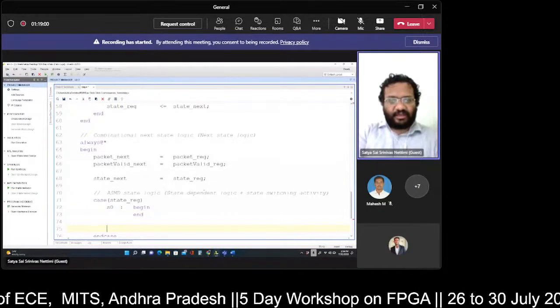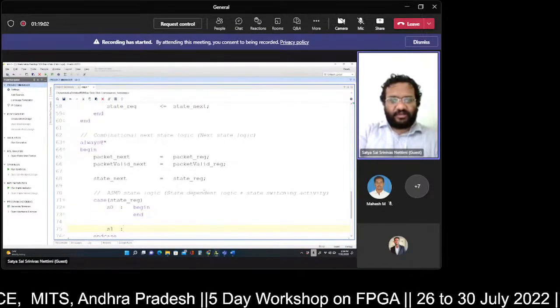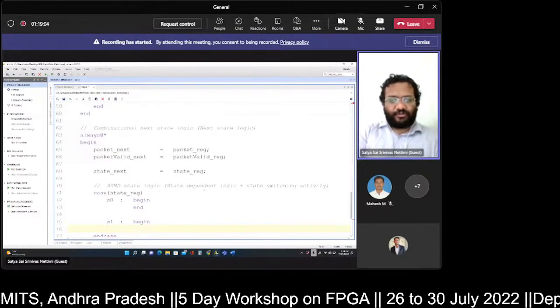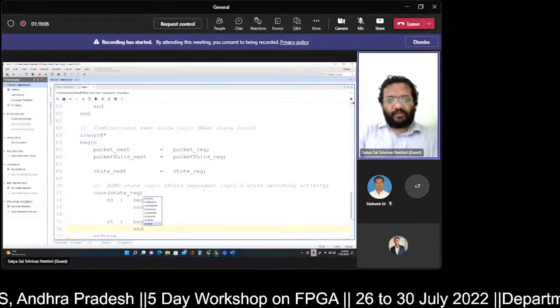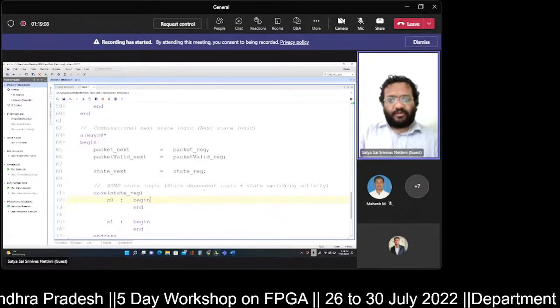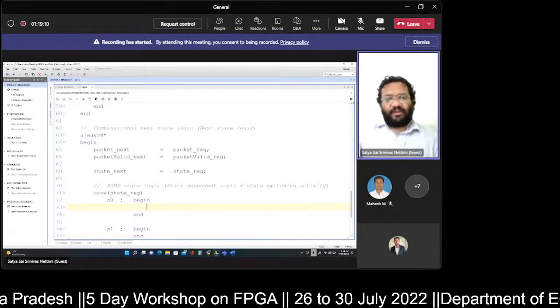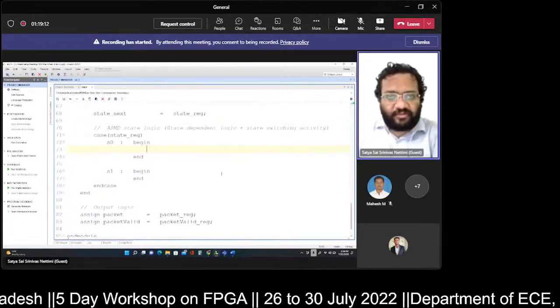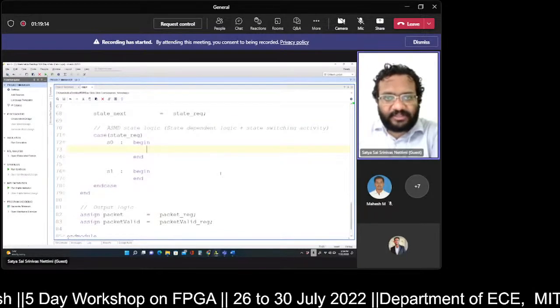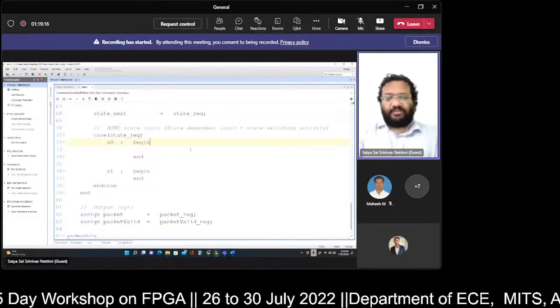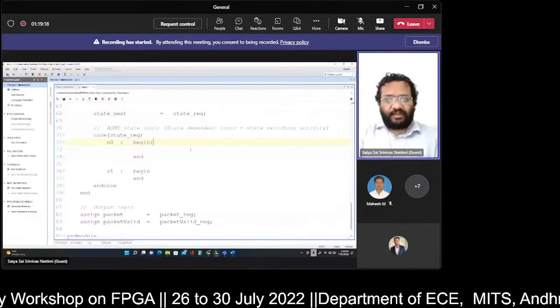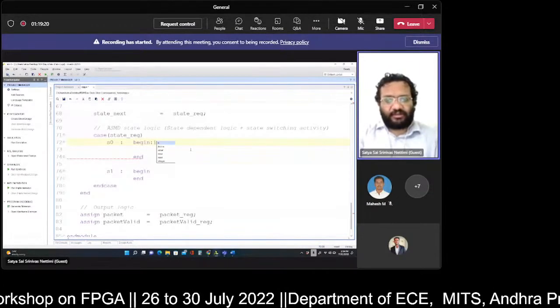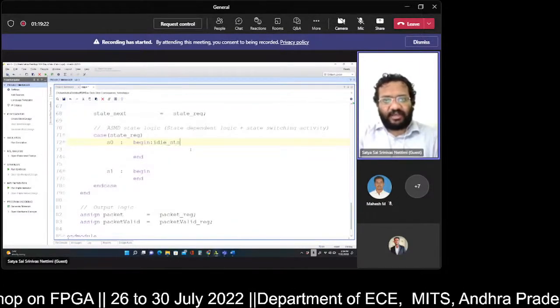If it is in the S1 state, what is it supposed to do? Now we will try to code each and every aspect of the design. So S0 state is referred to as the idle state.